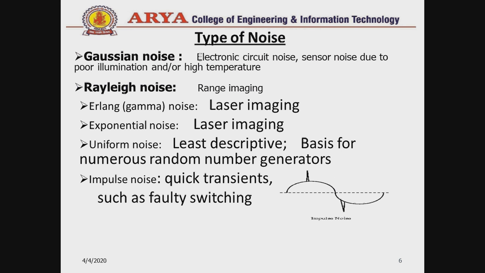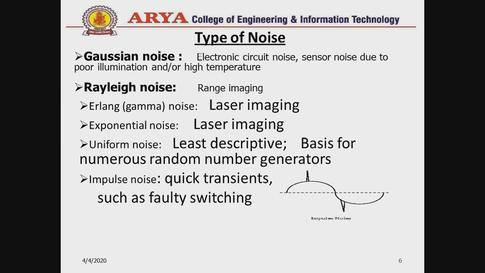Now the types of noise. The noises are Gaussian noise, Rayleigh noise, Erlang noise, exponential noise, uniform noise, and impulse noise. Two of them, in bold, have the most effect on image degradation.